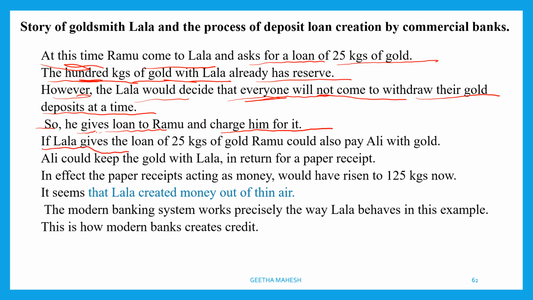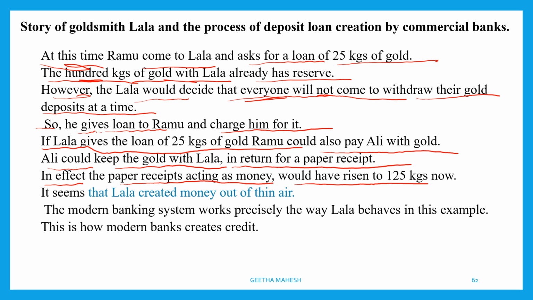If Lala gives a loan of 25 kgs of gold, Ramu could also pay Ali with the gold. Ali could keep the gold with Lala. Now Ali will come and keep gold with Lala in turn for paper receipts. In effect, paper receipts acting as money would have risen to 125 kgs now.